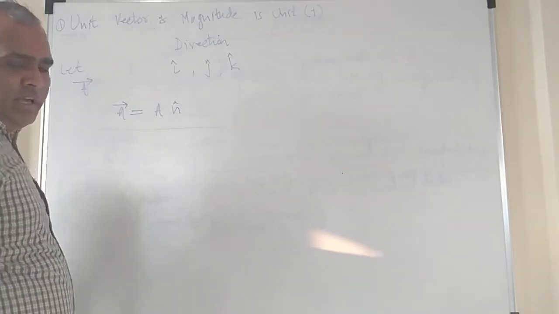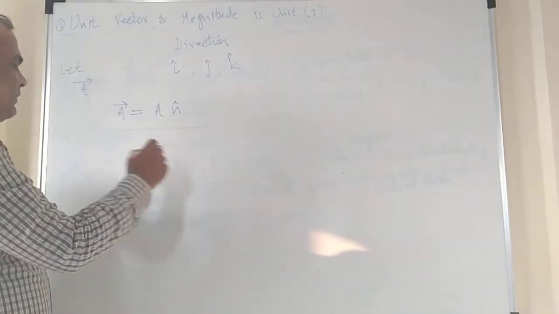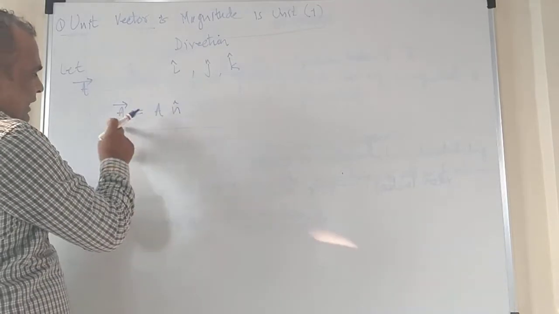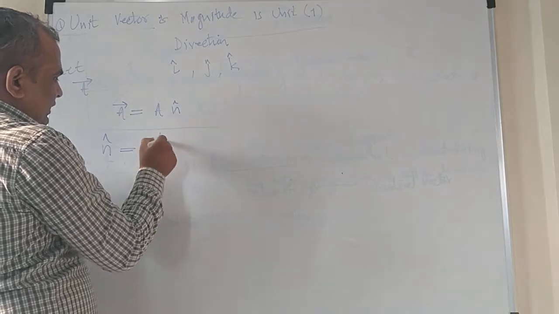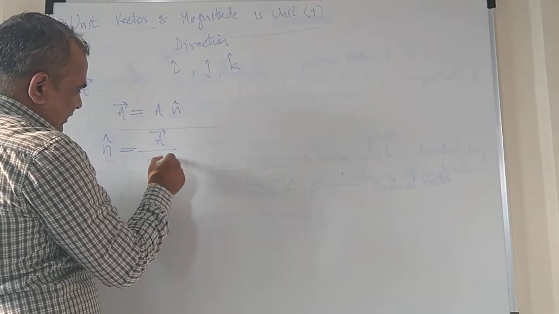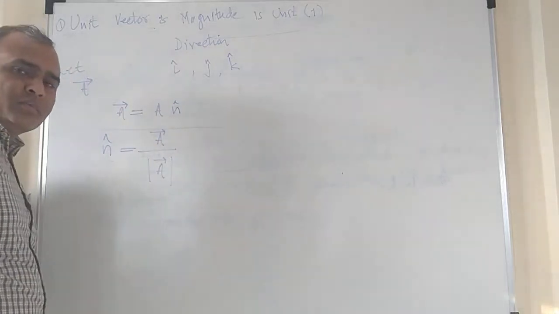Therefore I can say the direction of the unit vector is calculated by using this formula: n cap is equal to the vector divided by the magnitude of the vector. A is nothing but the magnitude.